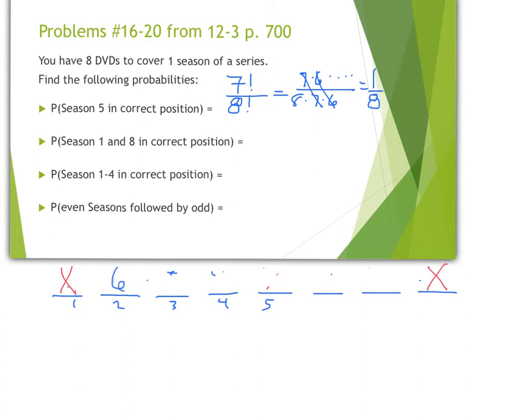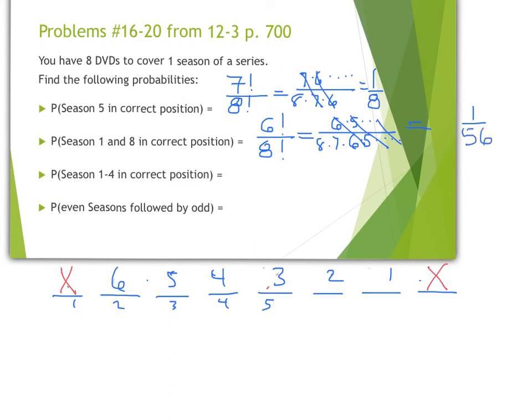So I have 6 times 5 times 4 times 3 times 2 times 1. So that's going to be a 6 factorial over our 8 factorial. And when we multiply that out, the 6, 5 on down will have been canceled by the 6 times 5 on down here. So we end up with, I'm going to write it out here, 1 out of 56.